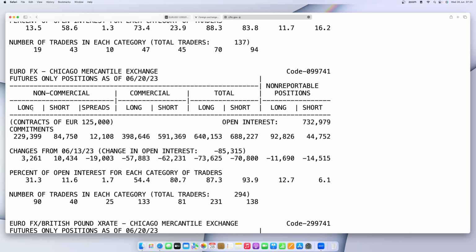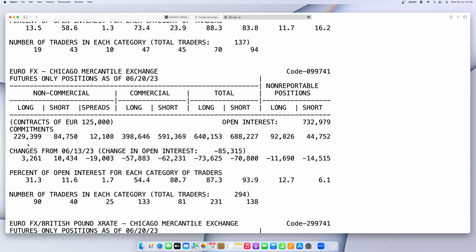So the long position means the total amount of long positions of the non-commercials, all of them. How many positions are they buying, going long, and then how many positions are they selling? As you can see, the non-commercials here, as of last week, a lot of them are buying, going long about 229,399 contracts to the upside.